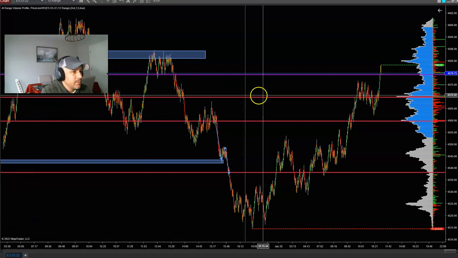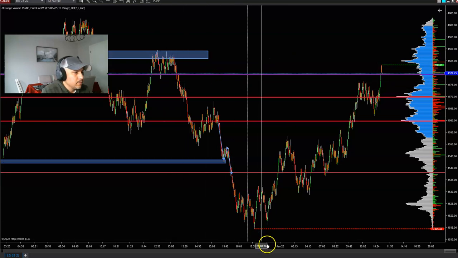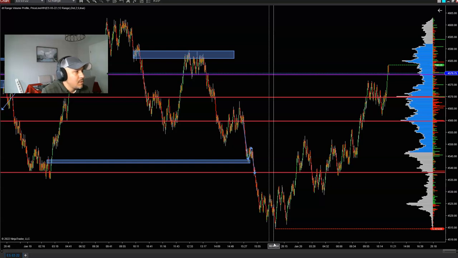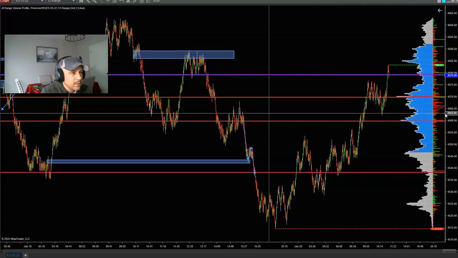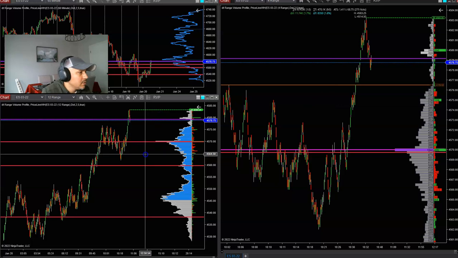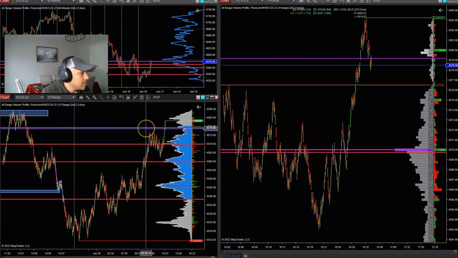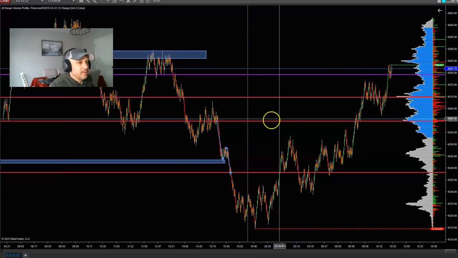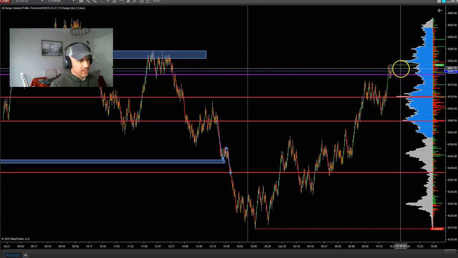Let's go and look at the full range. The market's just paused right here in this area, so we'll just wait and see what happens.